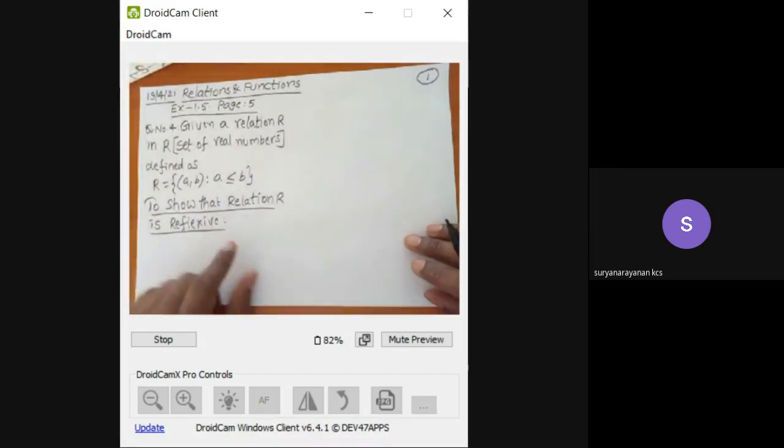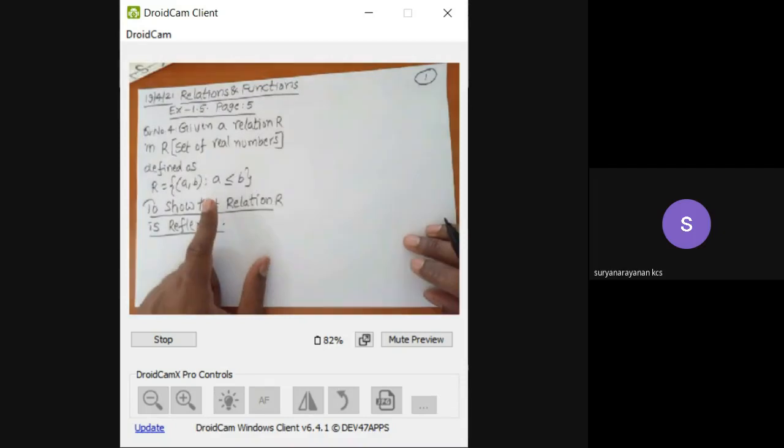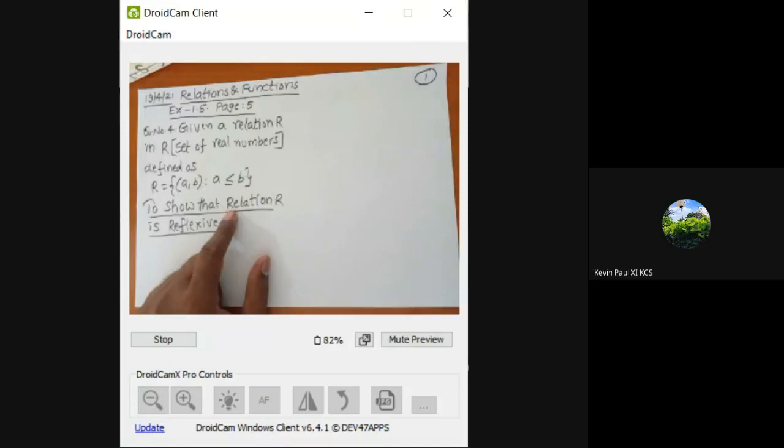Here the relation R is defined in the set R, means it is a set of real numbers. Is it a finite set or infinite set? My dear Kevin Paul, can you tell me? Set of real numbers. Is it a finite set or infinite set? Kevin Paul, infinite set. So it is not possible. It is a very tedious job to write all the ordered pairs which satisfy the given relation.